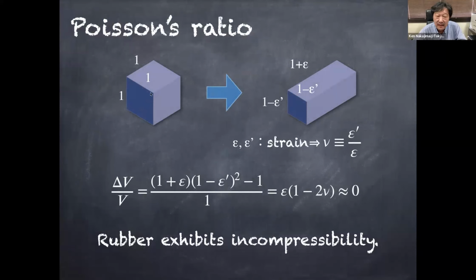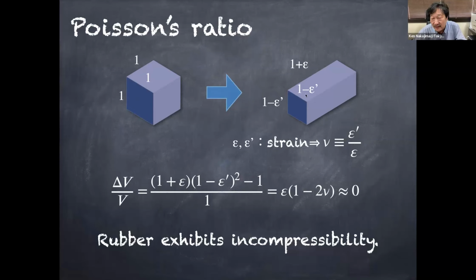Think about a cube structure with size 1. Any unit is fine: 1 millimeter, 1 meter, 1 centimeter, 1 micrometer. Then, if you stretch it, of course it's elongated in this direction.